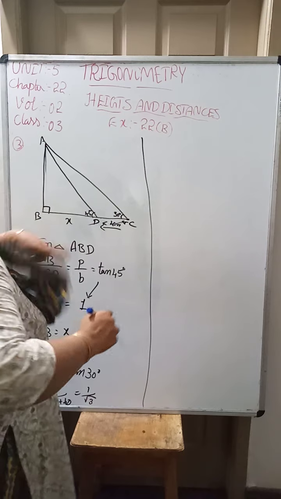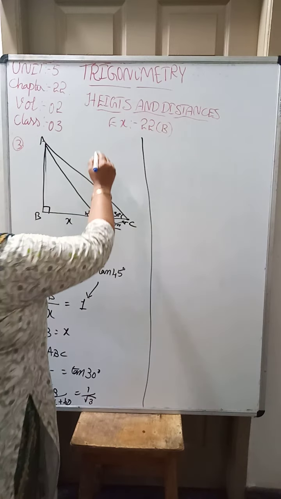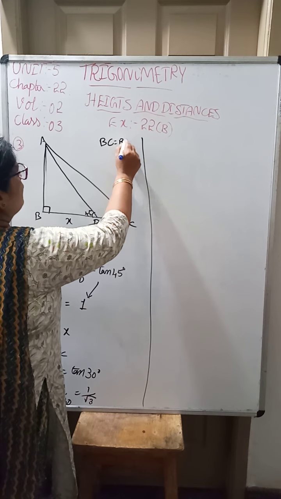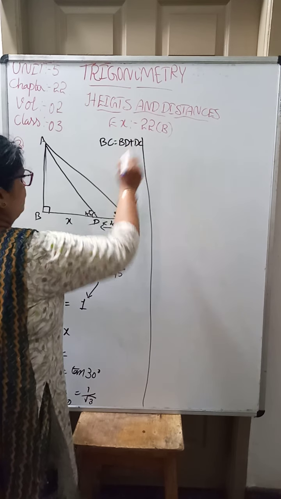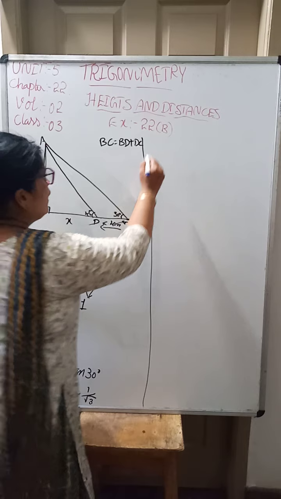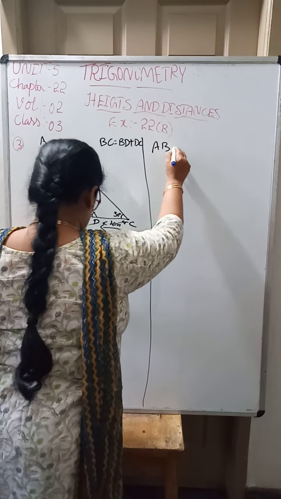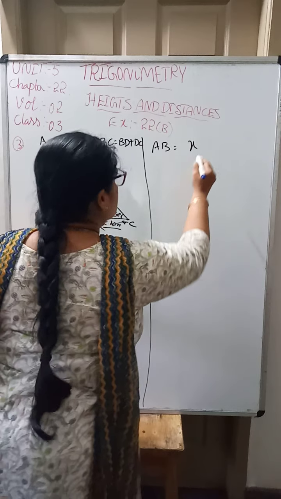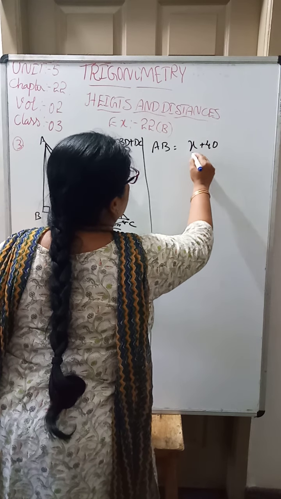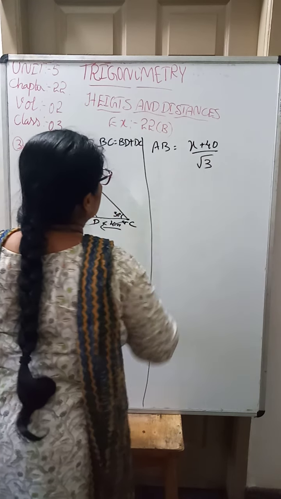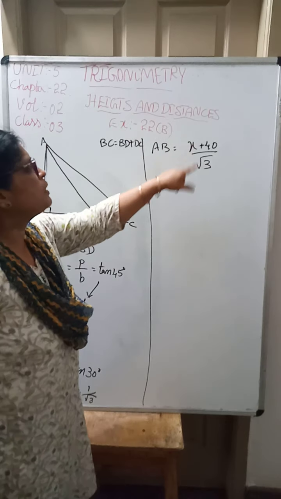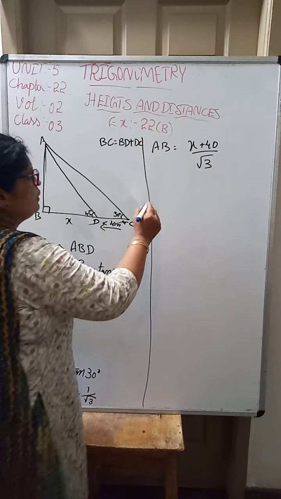Now here it can be taken as BC is equal to BD plus DC. Now AB is equal to X plus 40 divided by root 3. Now here in the first case AB is equal to X. In the second case AB is equal to X plus 40 divided by root 3.